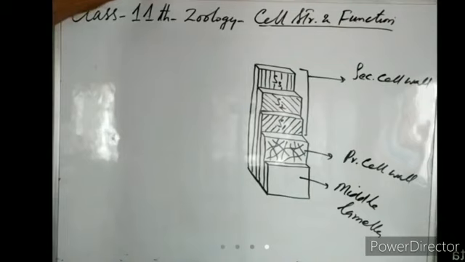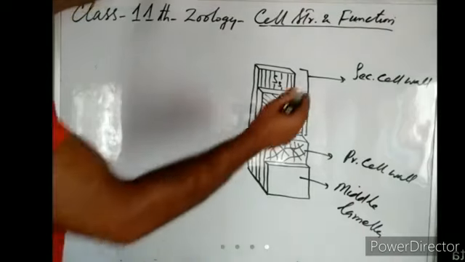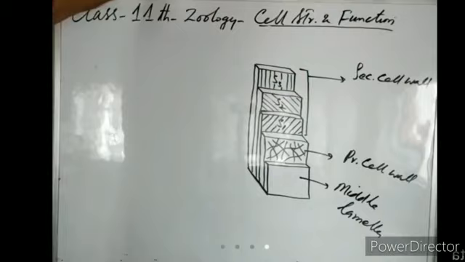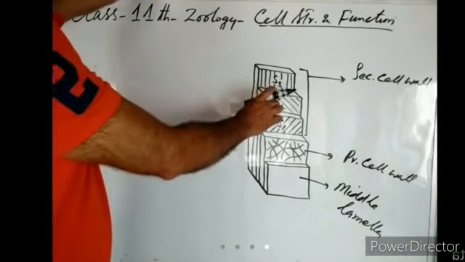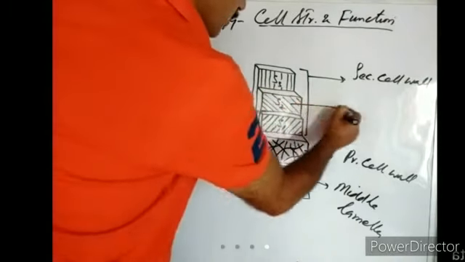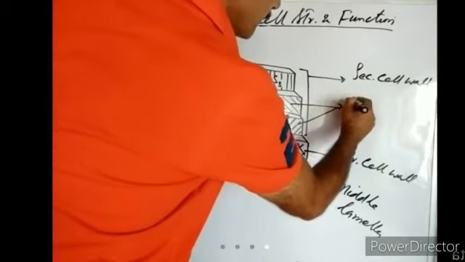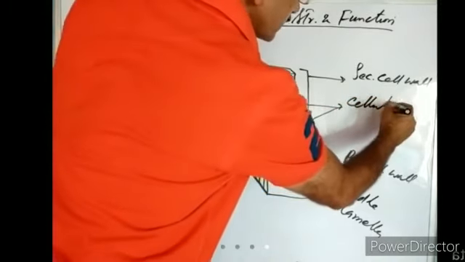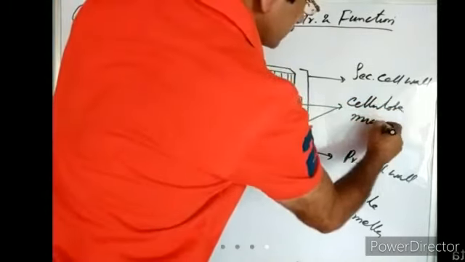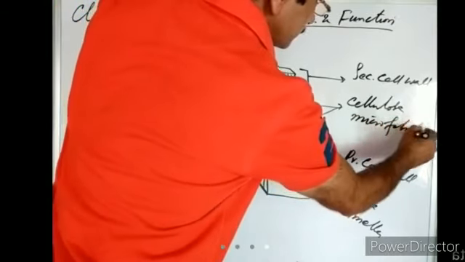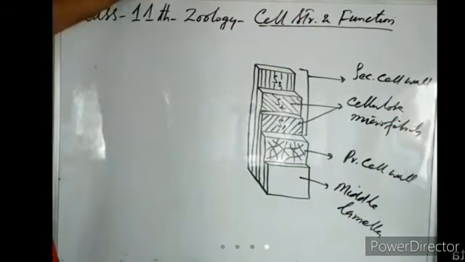What is the basic composition of this secondary cell wall? It again has a gel-like matrix of hemicellulose, and in that matrix, these cellulose microfibrils are lying in different directions.